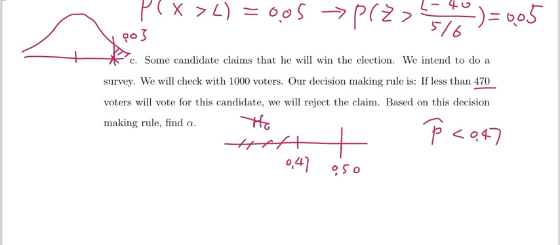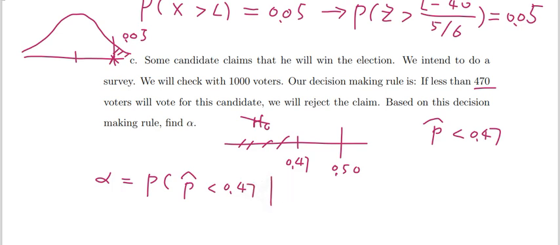So find alpha. Alpha is reject H0. Reject H0 is when P hat is less than 47, right? We will reject.